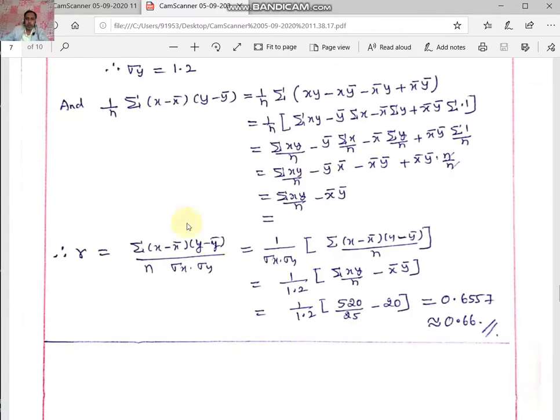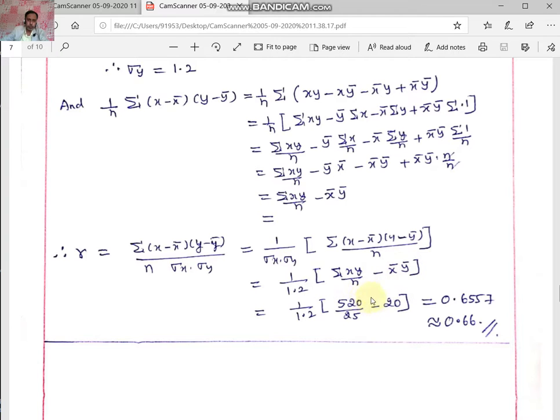Then the correlation coefficient R formula becomes, substituting these values, 1 by sigma x sigma y as it is, into 1 by n into this product, which is sigma xy by n minus x bar y bar.